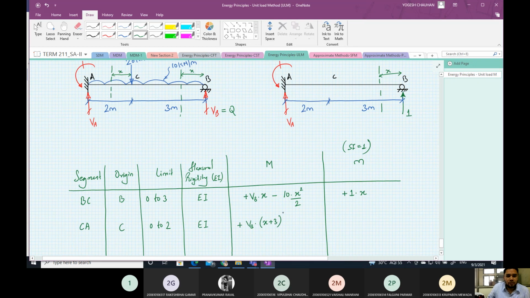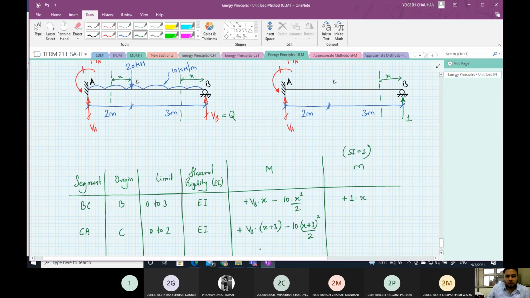So VB into x plus 3 minus 10 into x plus 3 whole square by 2, because UDL is spread on a length of x plus 3. Then this point load of 20 kilonewton, so that will be minus 20 into x.